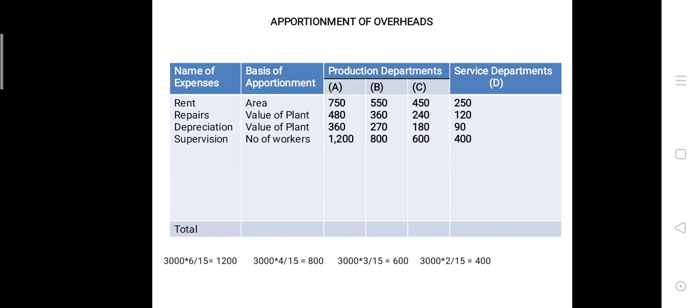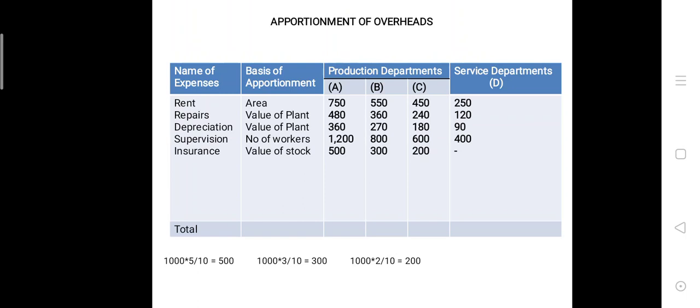Therefore the ratio will be 6 is to 4 is to 3 is to 2. Therefore you can find out the figures like 3000 multiplied by 6 divided by 15, you will get 1200, and for the remaining departments it is 800, 600 and 400 respectively.